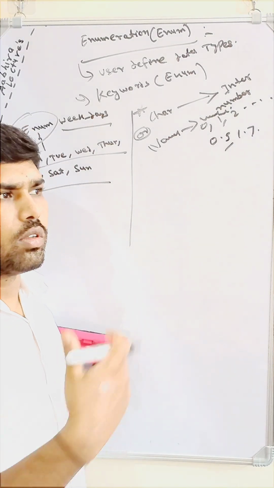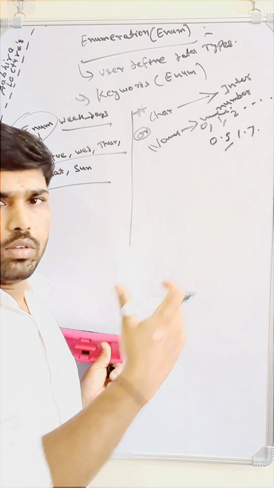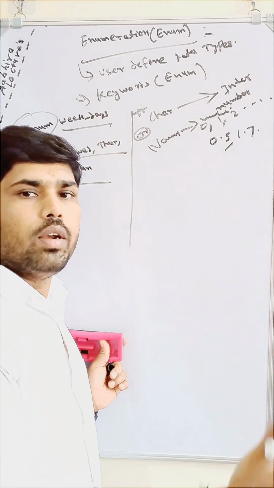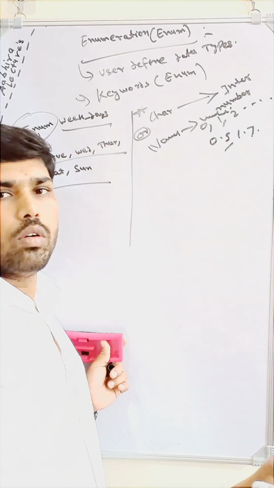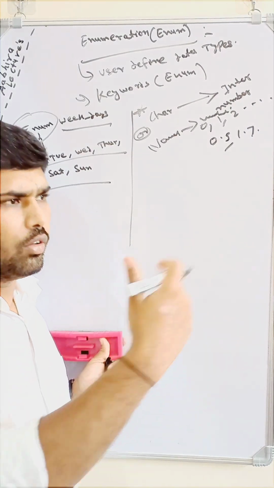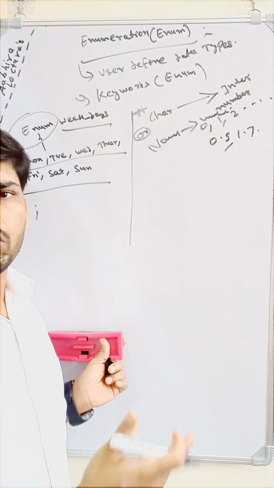Suppose in weekdays there are only 7 days, Monday to Sunday. When you want to print Monday to Sunday as numbers, you can use enum. If you want to print the directions, there are 4 directions: south, north, west, east.